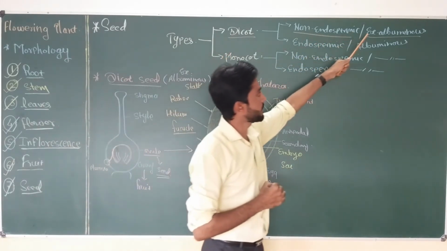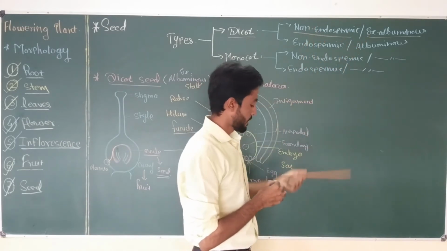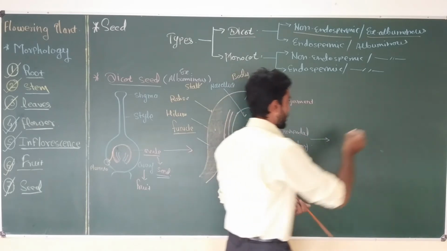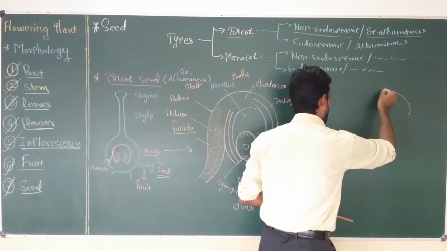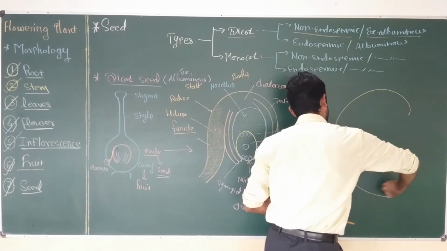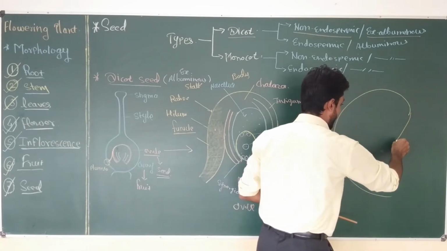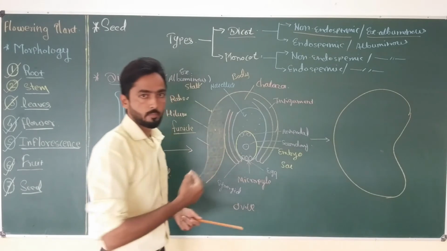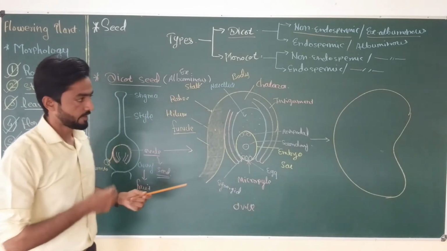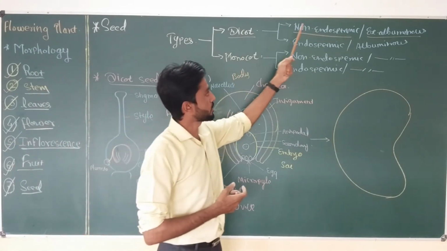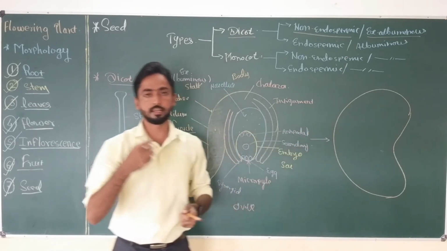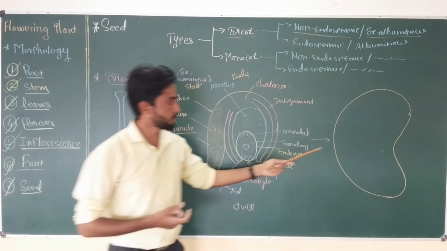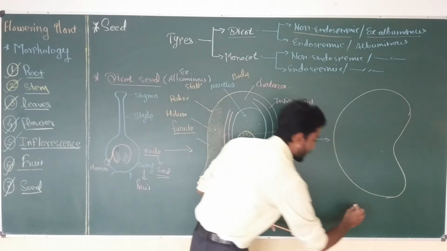Dicot exalbuminous or non-endospermic seed. Suppose we draw a bean-shaped structure, which is a kidney-shaped seed found in beans. There are various examples of the dicot non-endospermic exalbuminous seed like sunflower, pea, beans, mango seed. Okay, suppose we draw a bean seed here.